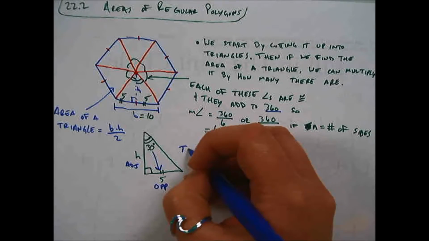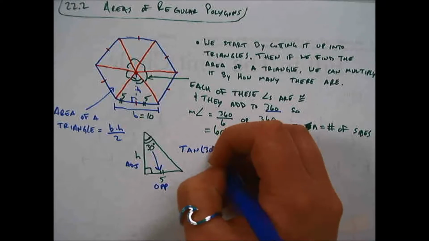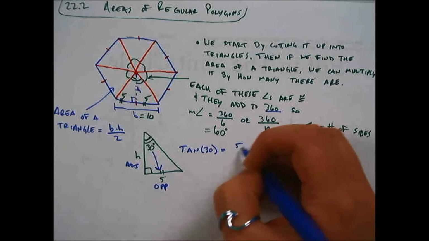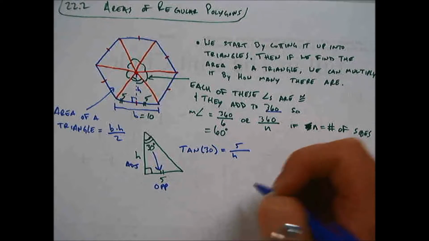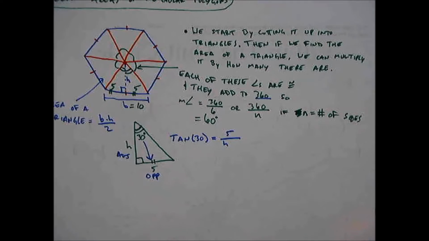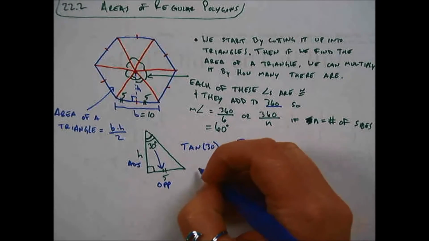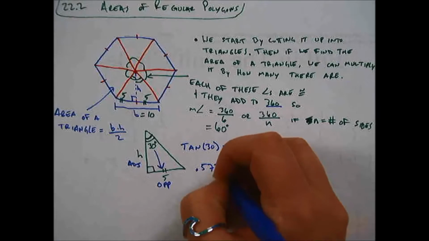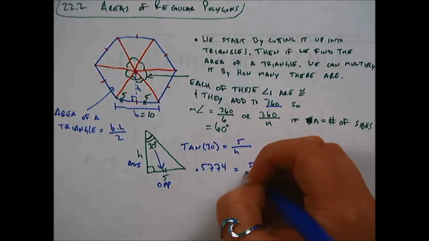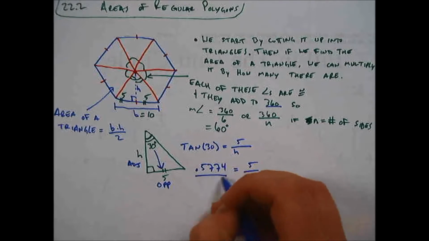So we're going to use tangent of 30 equals opposite over adjacent, so 5 over h. We're going to type tangent of 30 into our calculators. So we go tangent 30 degrees, and we should get 0.5774. So tangent of 30 is 0.5774, and that's still equal to 5 over h.